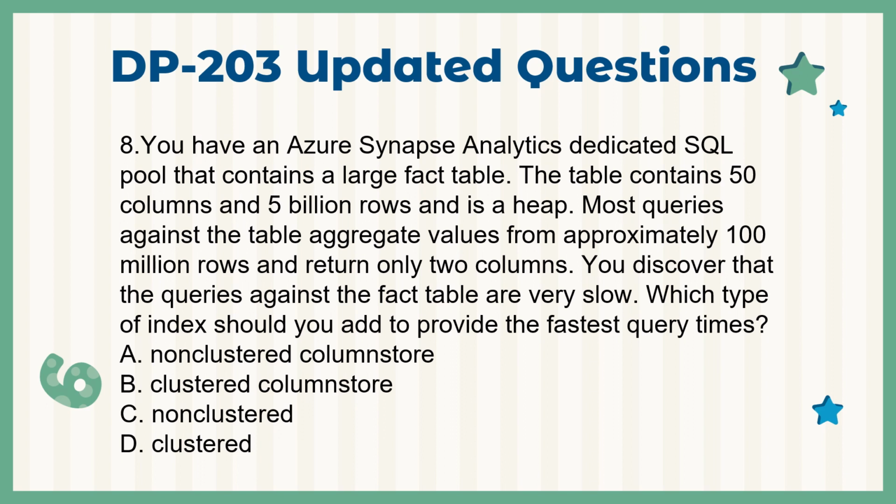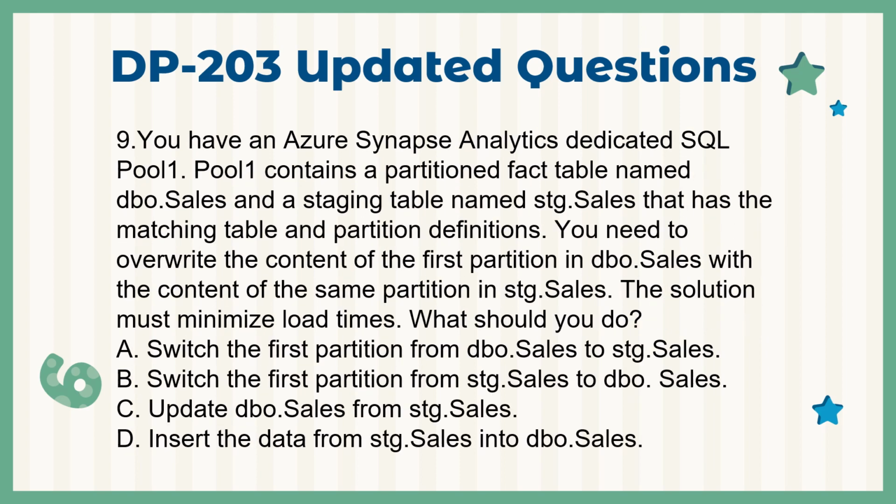Which type of index should you add to provide the fastest query times? A. Non-clustered columnstore. B. Clustered columnstore. C. Non-clustered. D. Clustered.